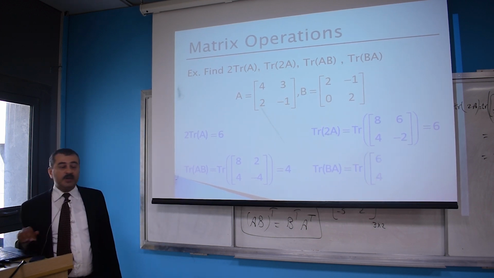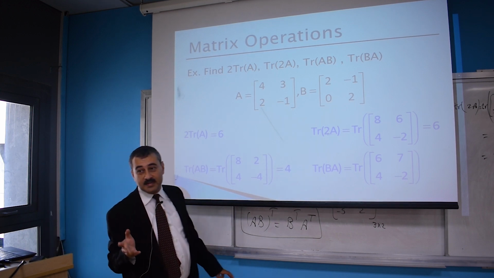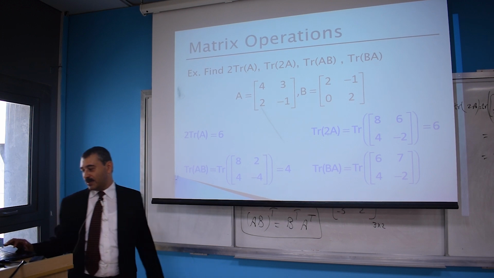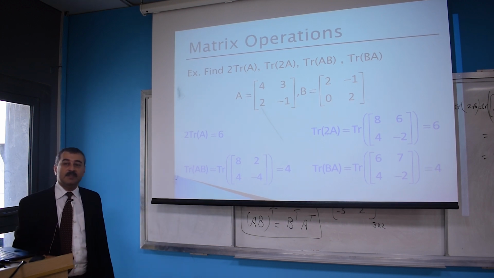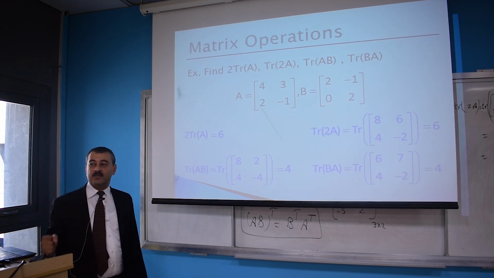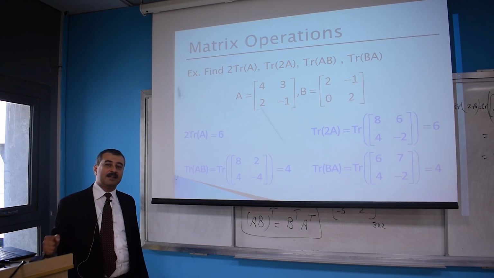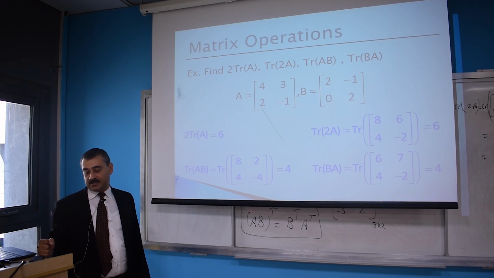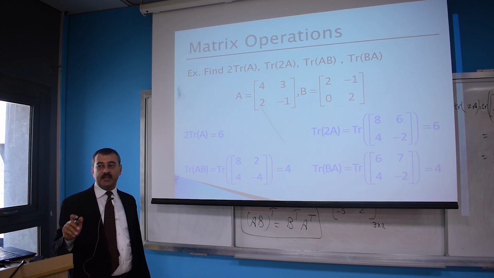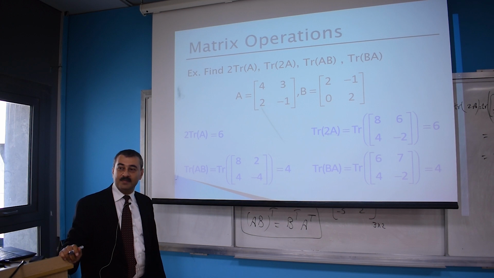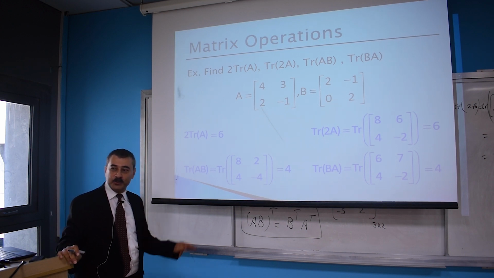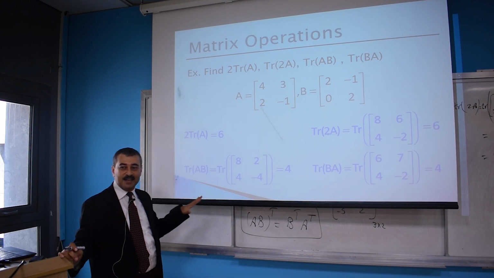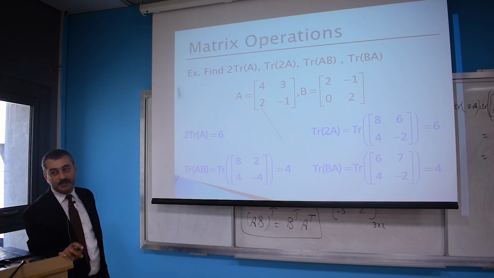BA would be another matrix with different numbers, but its trace is also 4. Is this always true? Trace AB equals trace BA. This is actually always true. I leave it for you as an exercise to prove that these guys are always the same.